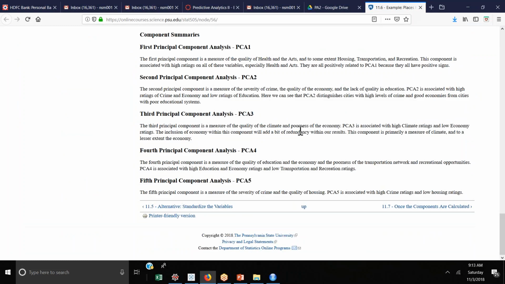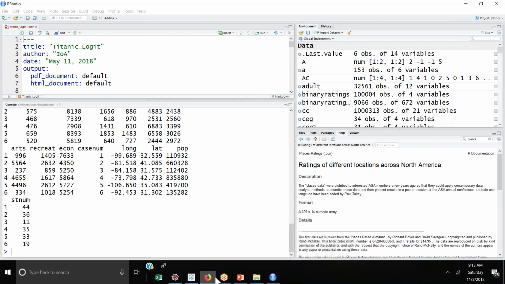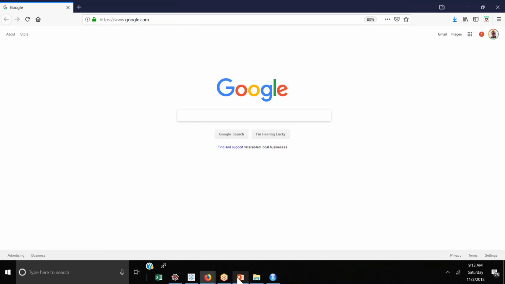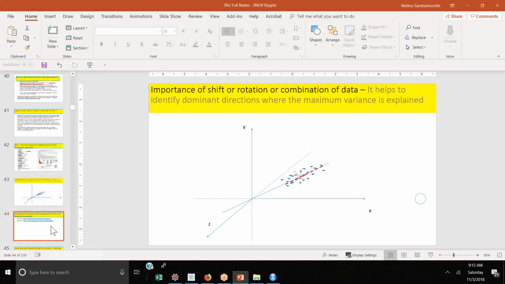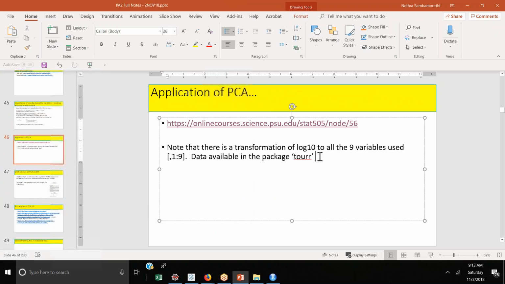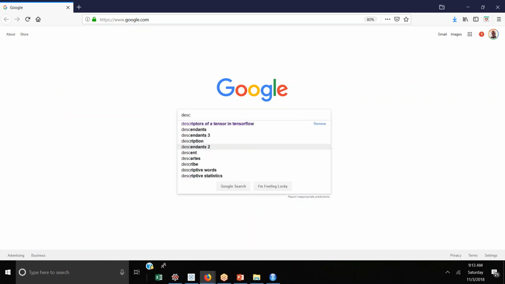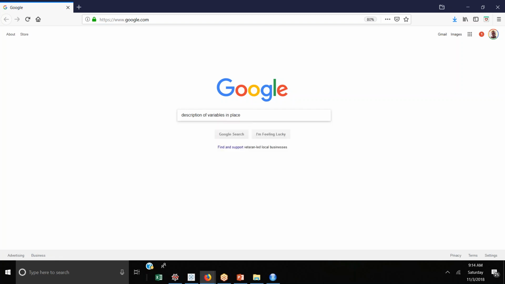Places Almanac. Okay, that's what I'm going to show the analysis of. Let me go and do a little bit of research. Places Almanac, tourr package. I need to write it down. It's already there as the tourr package. Okay, that's fine. It is here. I want the description of variables in Almanac.